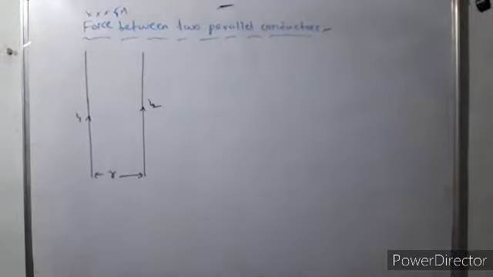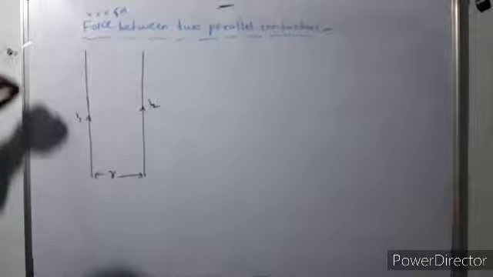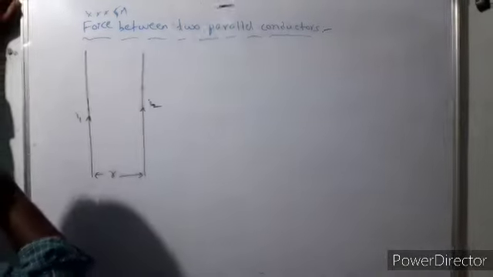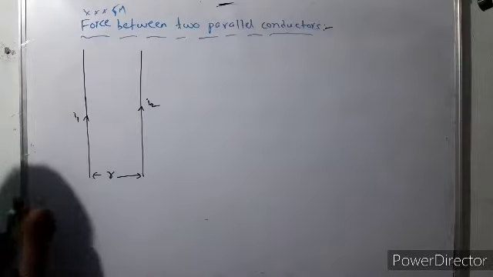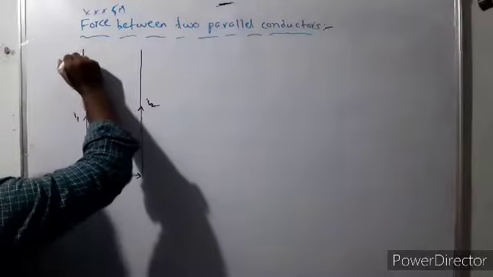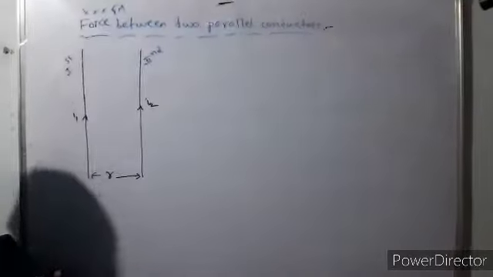Let r be the perpendicular distance between the two parallel conductors. Now in this, you are going to calculate the force on each conductor. Consider this as the first conductor, and consider this as the second conductor. The second conductor is at a distance r from the first conductor.